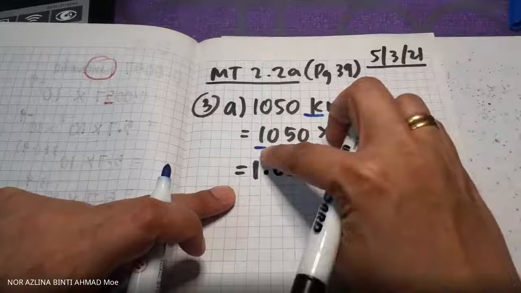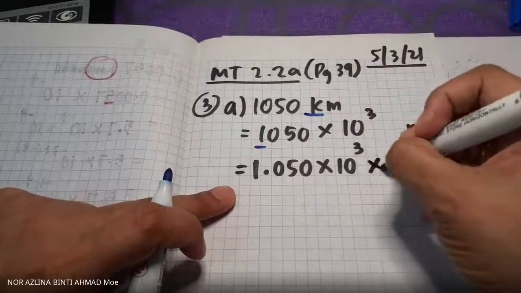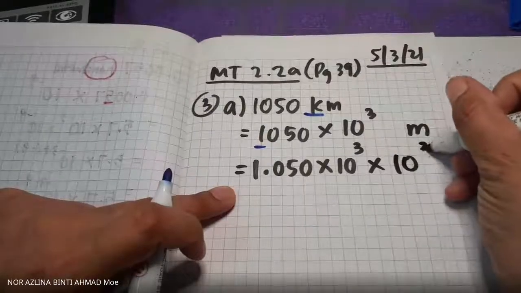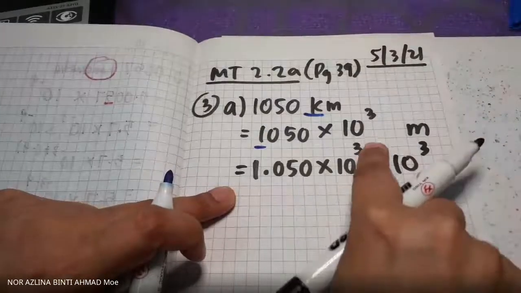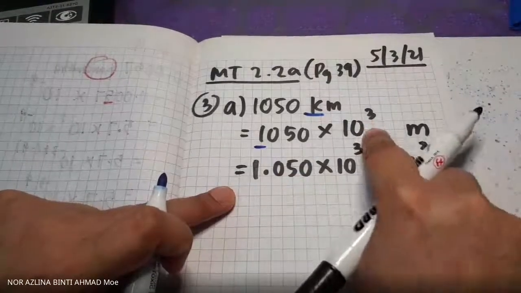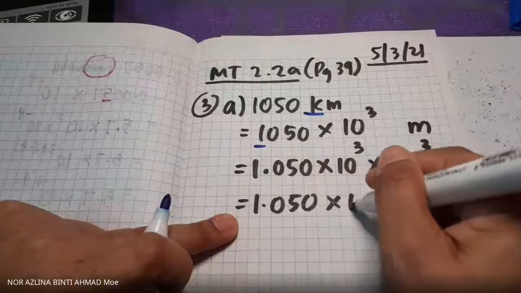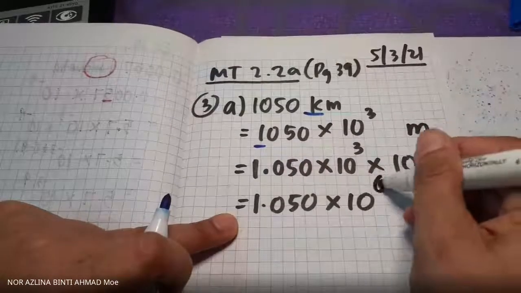This is 1000, right? So multiply 10 power of 3. This 10 power of 3 is for this number, and 10 power of 3 for kilo. Okay, final answer 1.050 multiply 10 to the power of 3 plus 3, 6.